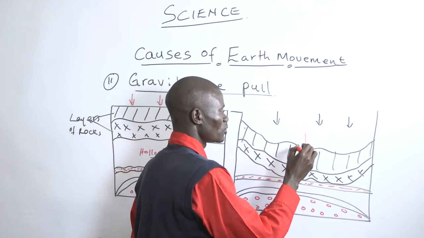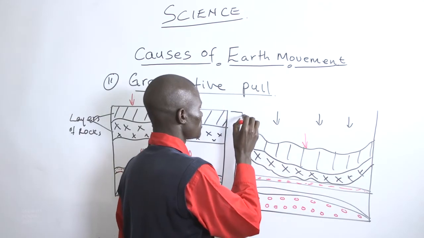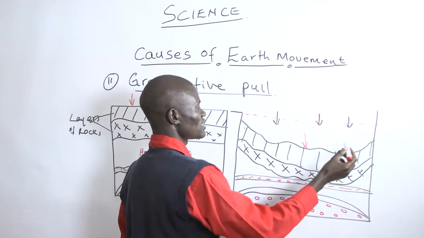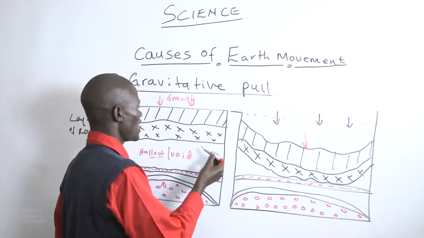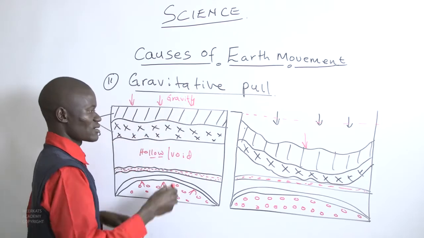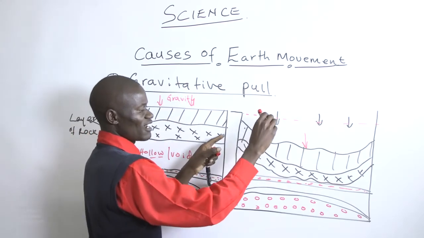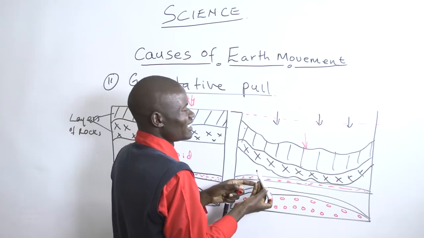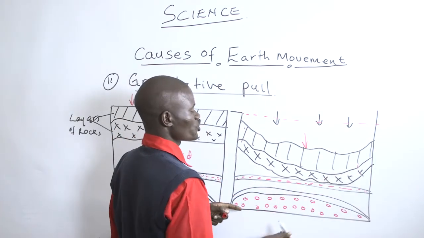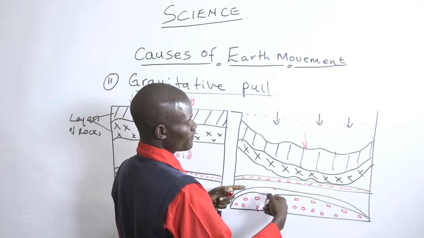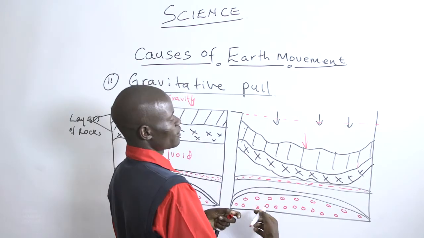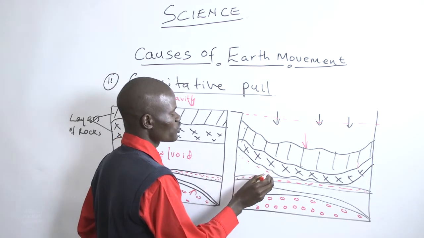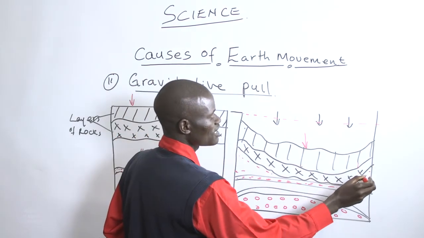Because the space that had been left here, the force of gravity has worked out and pushed these crustal rocks, and they have been moved, causing some of the crustal rocks to strain and stress. If they are very elastic, they will stretch, and above all, they are going to fill the remaining part.